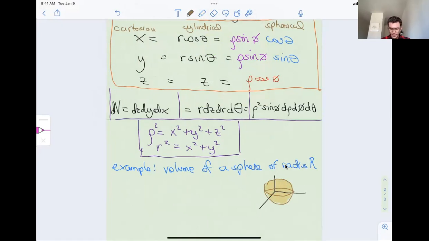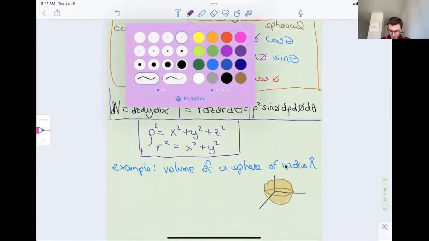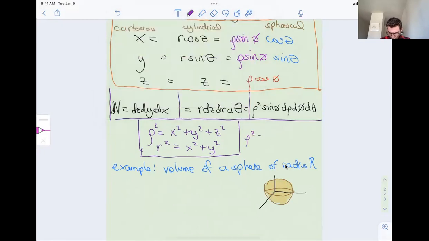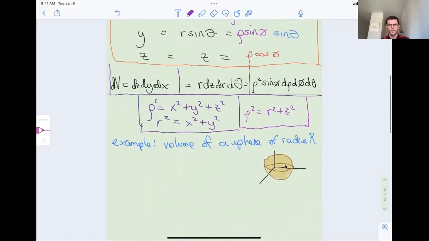Oh yeah, you can also say that rho squared equals r squared plus z squared. This is correct, yes. Good, let's add it to the list. That one can be useful sometimes if you're switching from cylindrical to spherical. Good. So what's the equation of a sphere of radius r? It's x squared plus y squared plus z squared equals r squared. Okay.